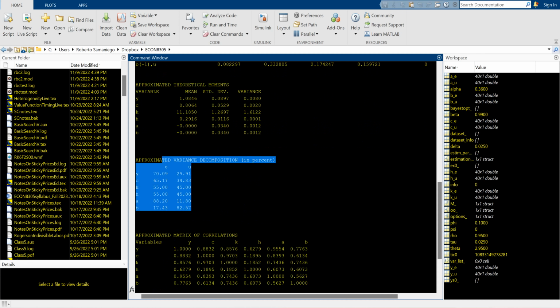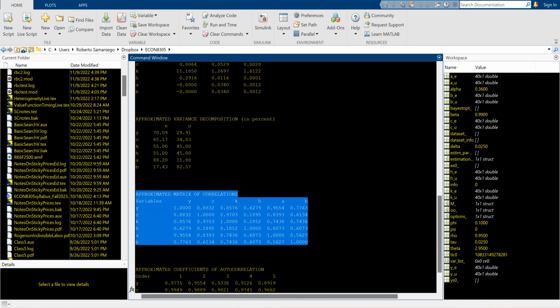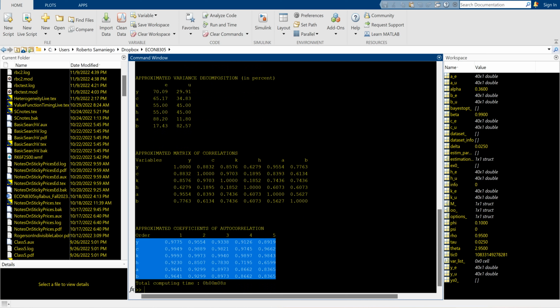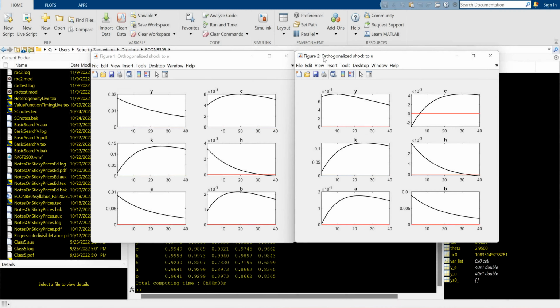There's a variance decomposition, so you can see how much of the variance is accounted for by each of these shocks. Here are some contemporaneous correlations among macroeconomic variables in the model, which is another of those statistics that you might want to compare with the data. And here are some autocorrelation statistics so that you can say something about the persistence of the variables.